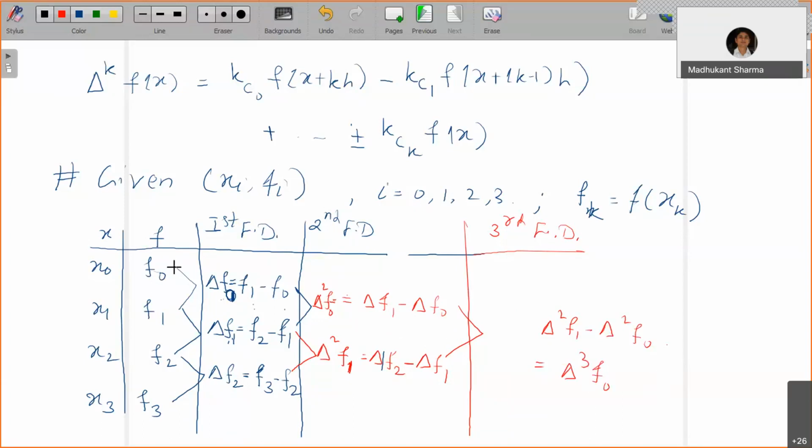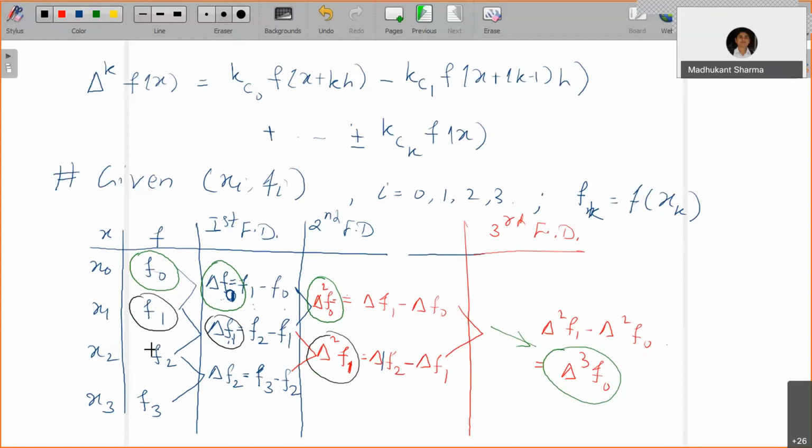So if you look at this table carefully, the function value at x naught, the first forward difference at x naught, the second forward difference at x naught, and the third forward difference at x naught are sitting in the downward direction. Not only if you start with f naught, if you start with f1, they are also sitting in the downward direction, delta square f1 and so on.